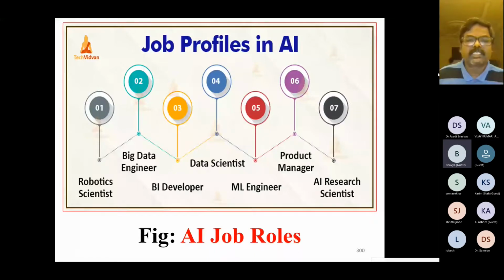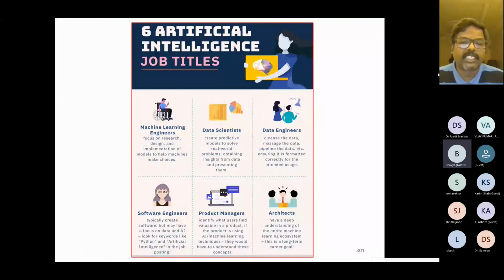Machine learning engineers focus on research, design and implementation of models to help machines make choices. Data scientists create predictive models to solve real world problems, obtaining insights from data and presenting them.